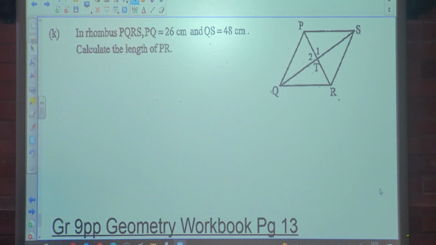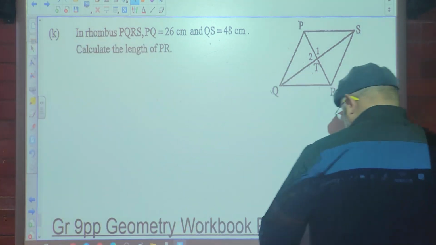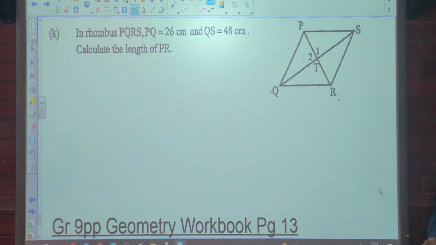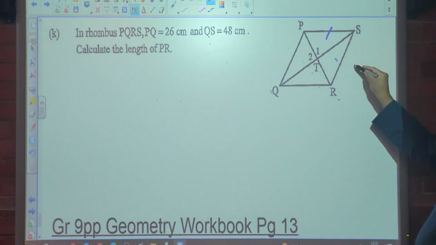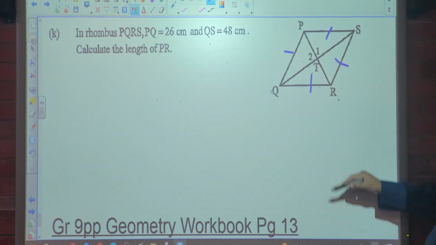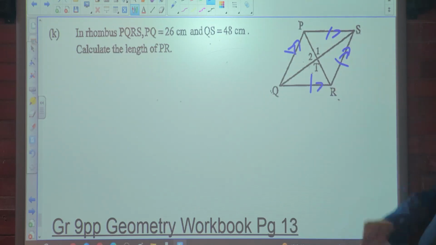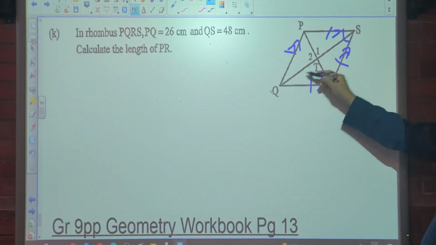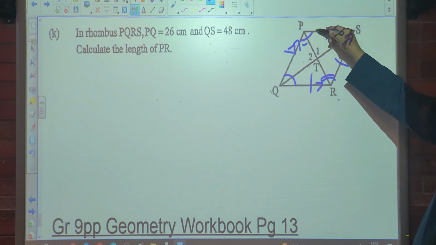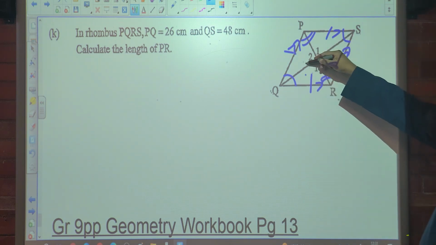Okay, but anyway, we are told that PQRS is a rhombus. People, how many properties come to mind? Six. What are the properties? Both pairs of opposite sides are equal. Two pairs of opposite sides are parallel. Two pairs of opposite angles are equal. Diagonals bisect each other.